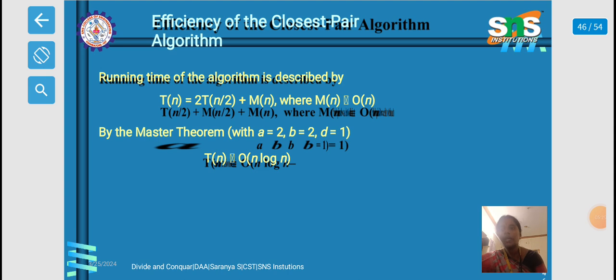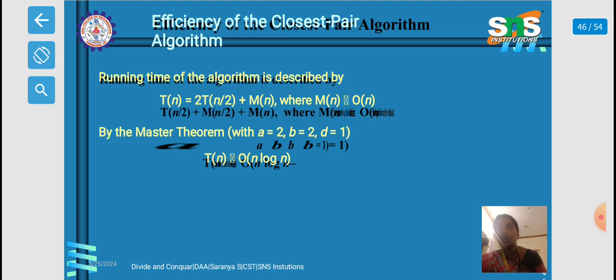The algorithm spends linear time both on dividing the problem into two problems of half the size and on combining the solutions to obtain the overall solution. Therefore, assume as usual that n is a power of 2.